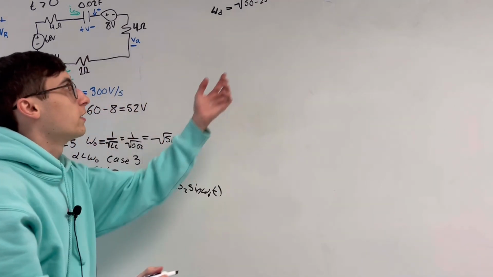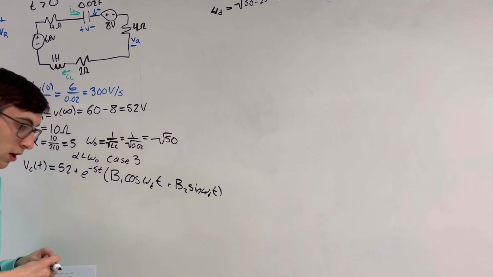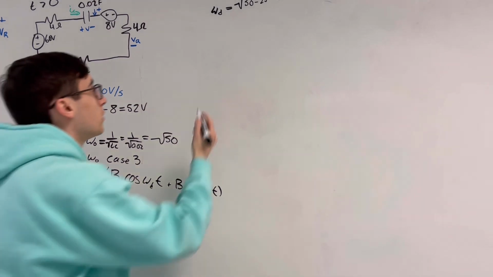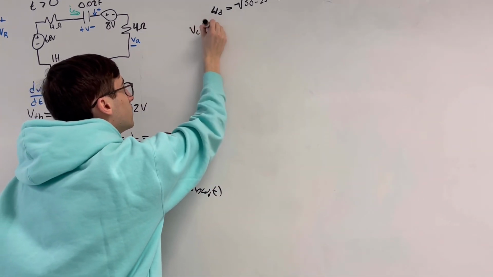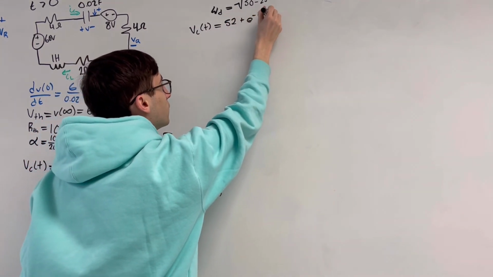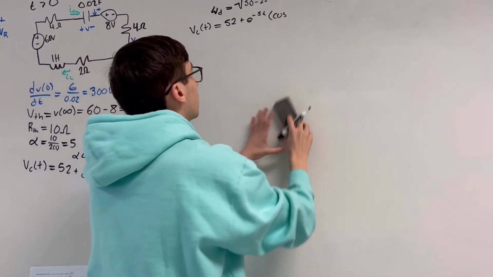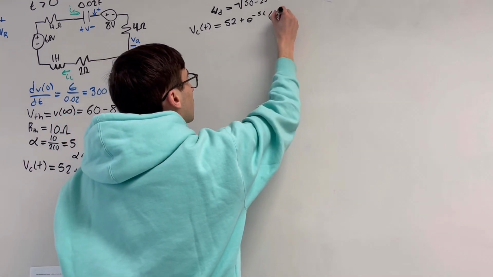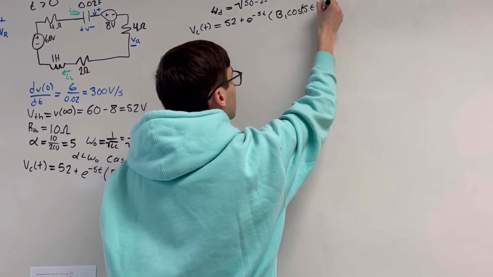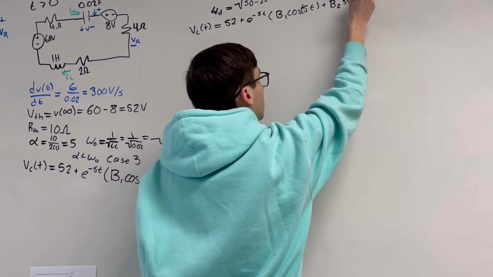So we can easily see that this radical reduces down to just 5. So now we can plug in omega d into our general equation. So Vc of t is going to be equal to 52 plus e to the negative 5t times, I forgot the b1, b1 cosine 5t plus b2 sine 5t.